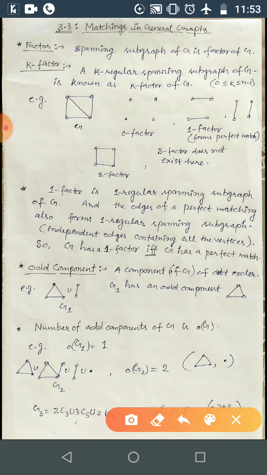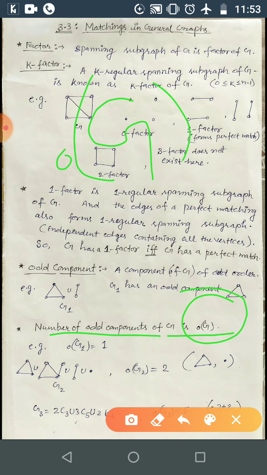Now how many odd components are there, that is represented by small o of G, okay. So the number of odd components of G is denoted by small o of G, okay.